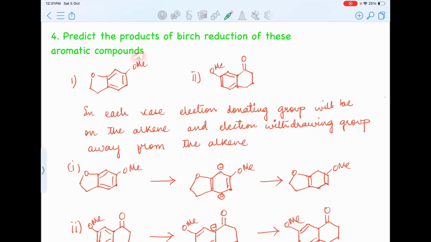So this is an electron donating group, and in the case of compound 1 we have the anion in the ortho and meta position, since electron donating group stabilizes the ortho and meta position. So this is the product.